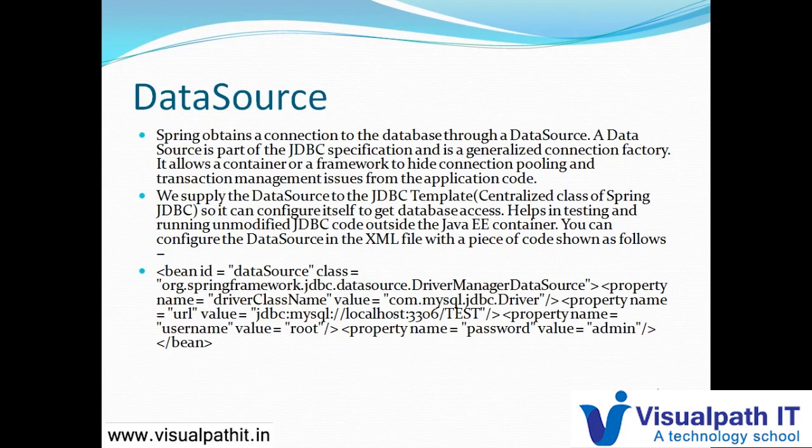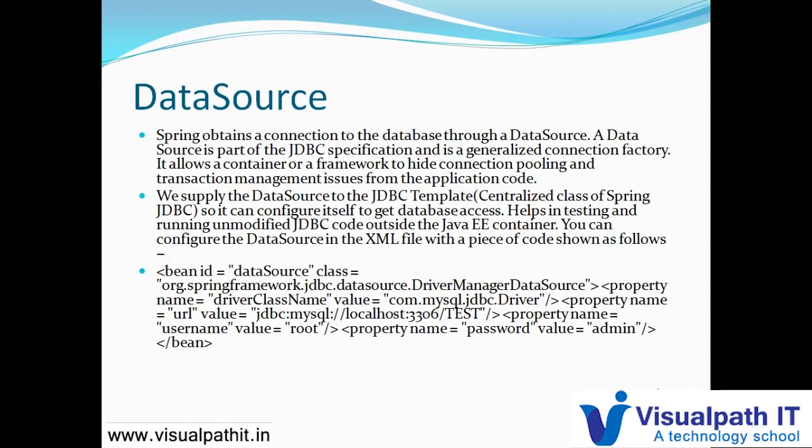Data source. What exactly is a data source? Spring obtains a connection to the database through a data source. It is a part of the JDBC specification and is a generalized connection factory.